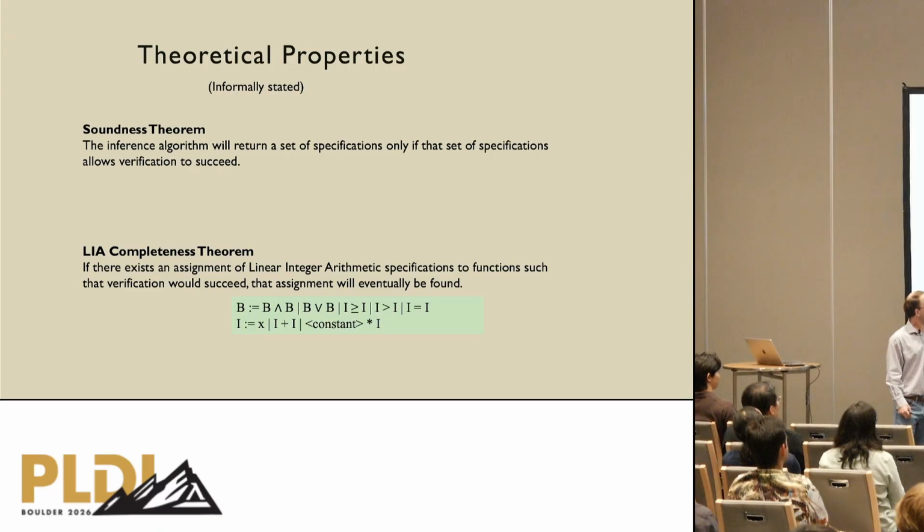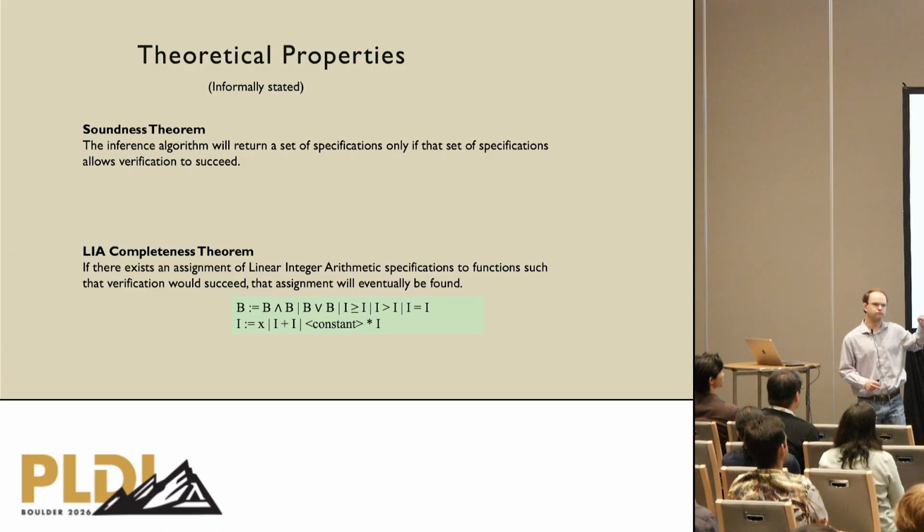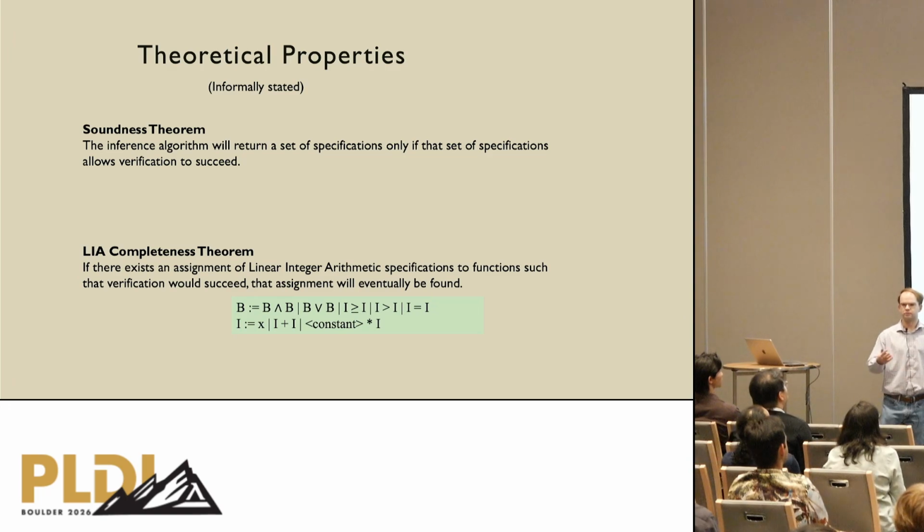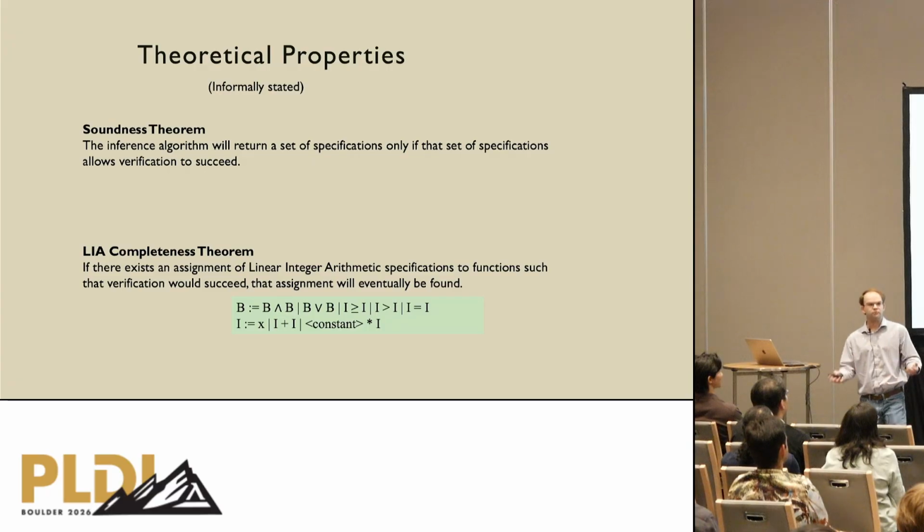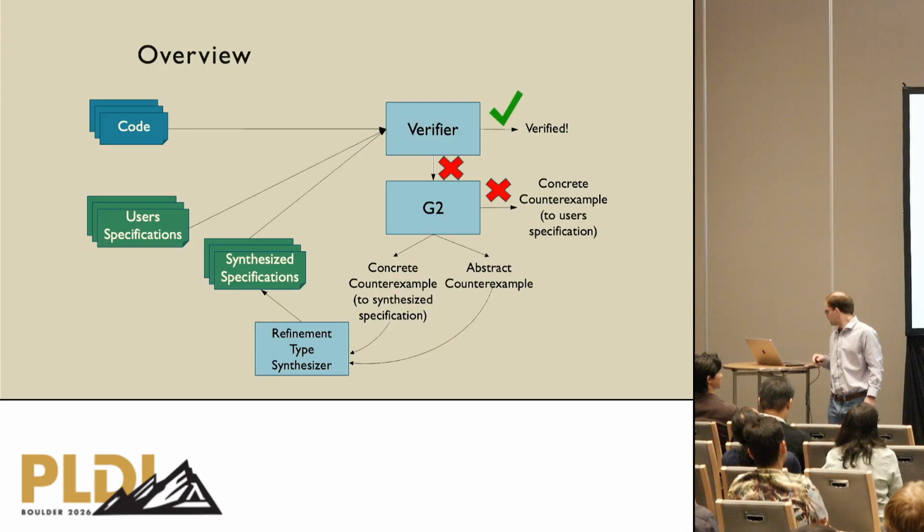The version in the paper is actually more general than this. It describes requirements for a synthesizer for a particular language that would let you state something like this. We implemented it in particular for a synthesizer that synthesizes Leah specifications.